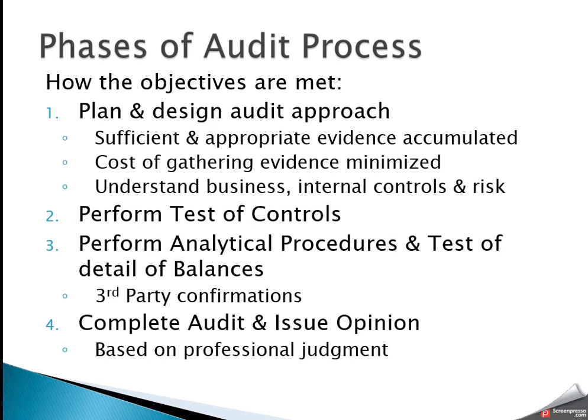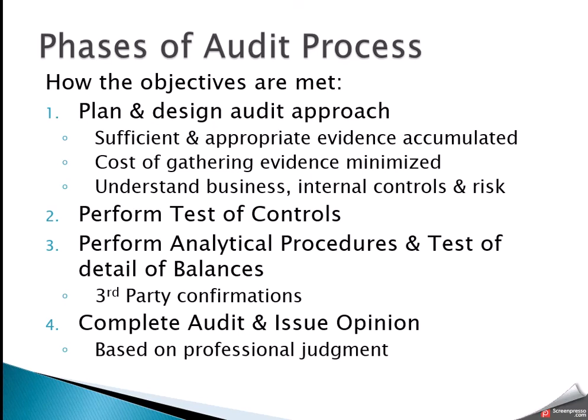So then the phases of the audit process: we're going to plan and design the audit approach. And within that audit approach, we need to make sure that we are getting the right amount of evidence. Because you could say, well, the more evidence I get, the better. But then you also have to look at the cost of gathering that evidence.